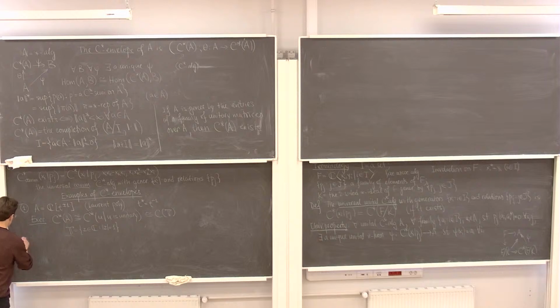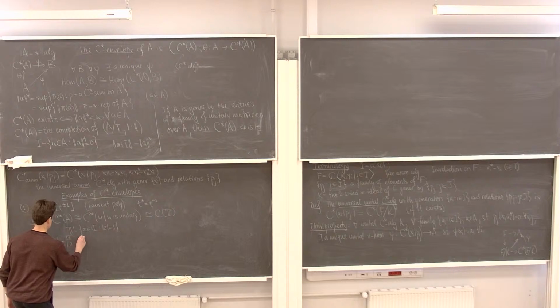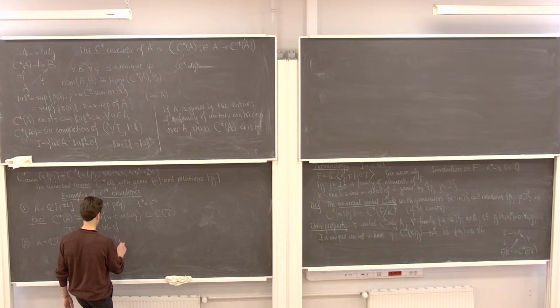More generally, we can consider the algebra of Laurent polynomials in several variables, say t1, ..., tn. Again, we define an involution in such a way that each generator is unitary, ti star equals ti inverse.